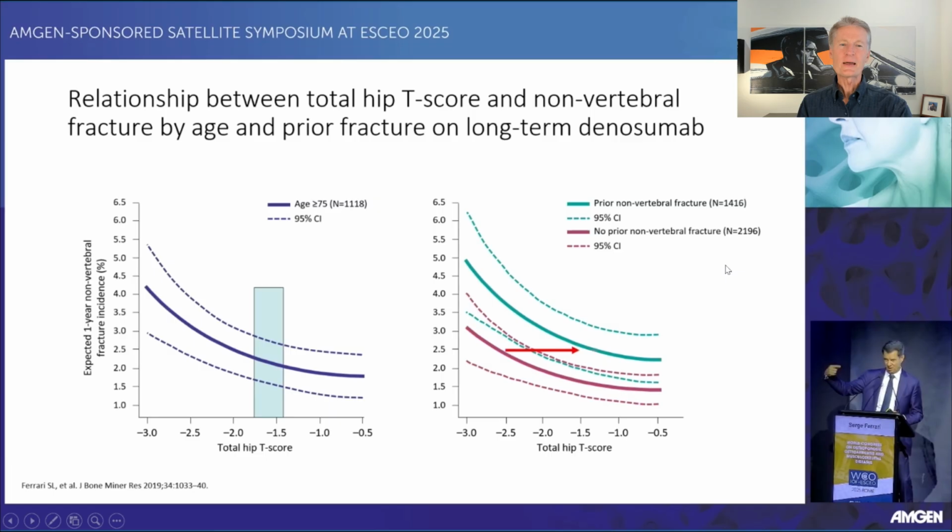And on the right-hand side, he was trying to show why you need to go further if you've had a prior fracture. If you've had a prior fracture, more than likely your architecture doesn't look so good, that inside structure doesn't look so good, and you're going to be at a higher risk of an additional fracture. And that's what they saw during the trial: even though people had the same bone mineral density, say -2, you are a lot higher risk of fracture if you've had a prior fracture than the group that didn't have a prior fracture. So again, you want to drive down lower if you've had a prior fracture.